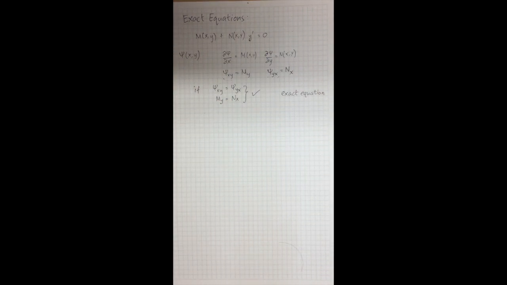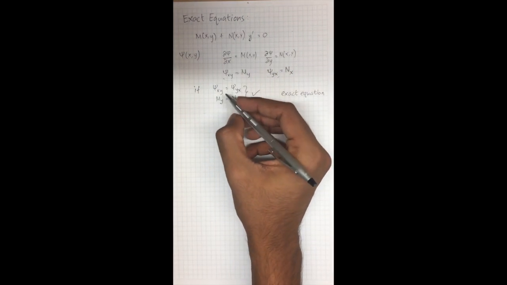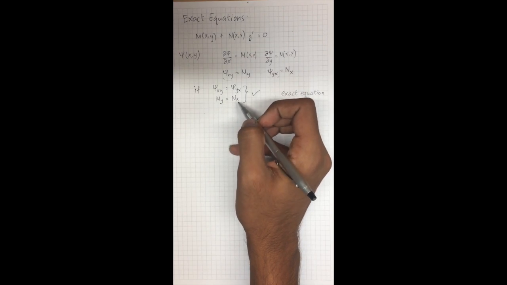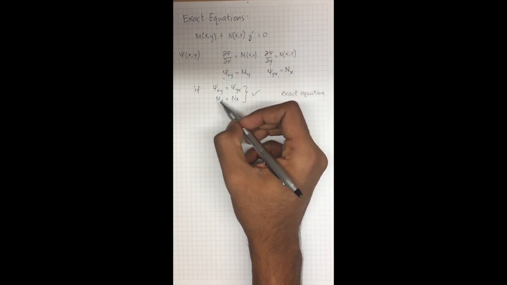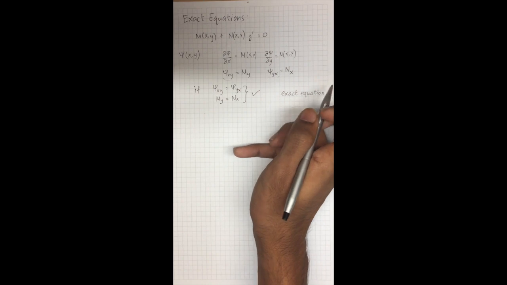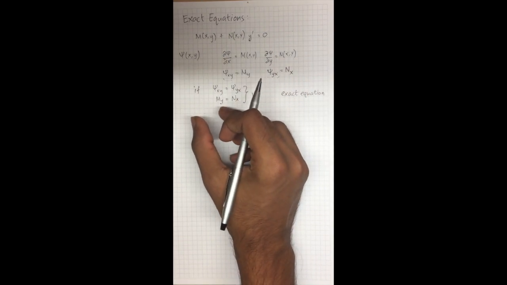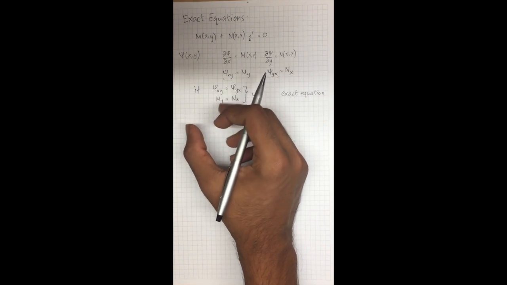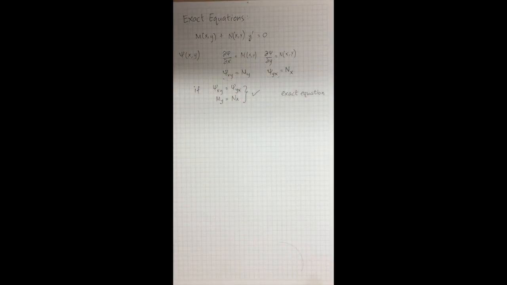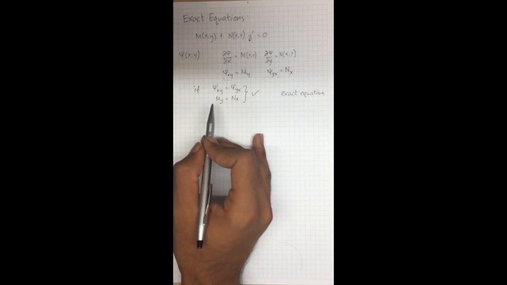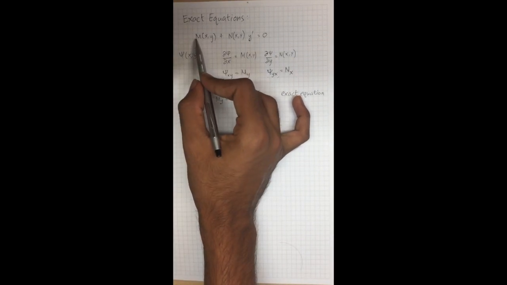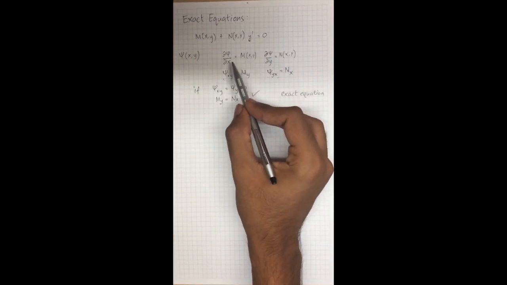So how our solution would look like, if you think about it, we'll be having M y and N x, right? And if they are both equal, we say that it is an exact equation. So we're going to start from one step above this so that we can integrate just once and we'll be done. So I'm going to take M of x,y and integrate it with respect to x.